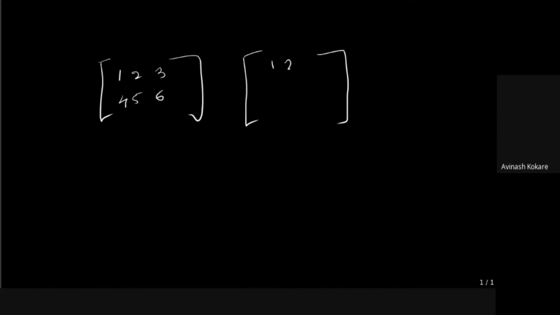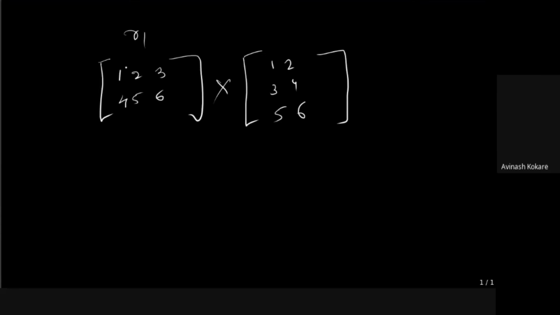Okay, so you might be knowing the matrix multiplication. For example, say this is a matrix with 1, 2, 3 here, then 4, 5, 6 here, and this one is the matrix 1, 2, 3, 4, 5, 6. Is the multiplication of these matrices possible?